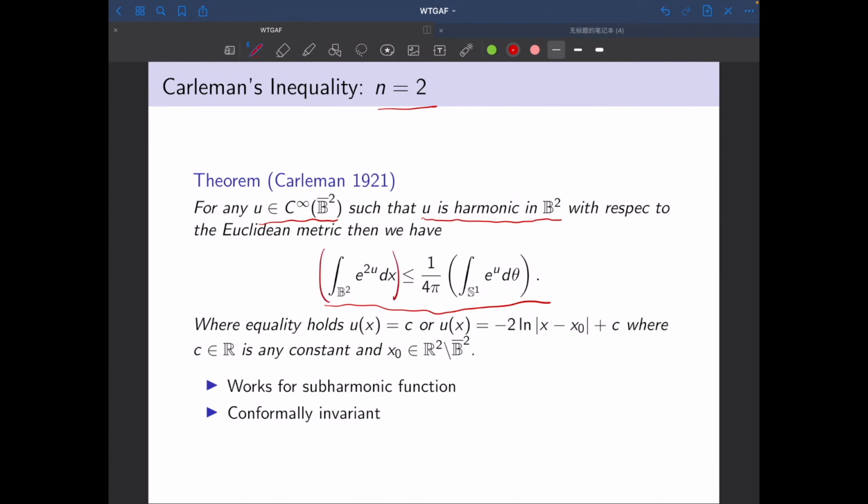Here there's supposed to be 1/2. And he also identified all the extremal functions, saying that equality holds if and only if u is a constant or u is supposed to be a particular form like this. And what's good about this is that this inequality also works for subharmonic functions and that it is conformally invariant.